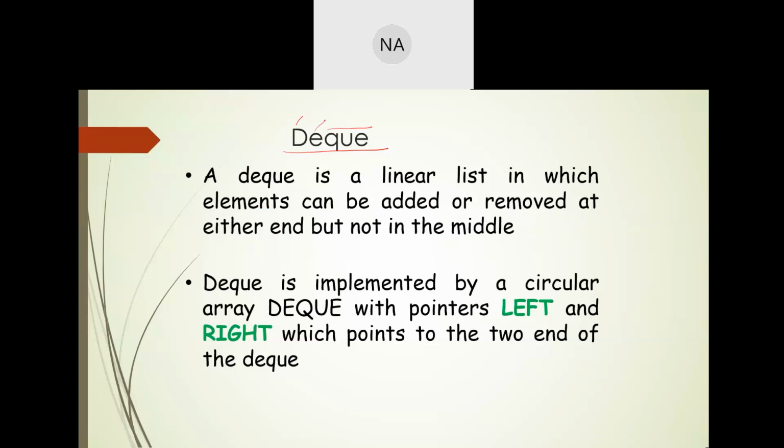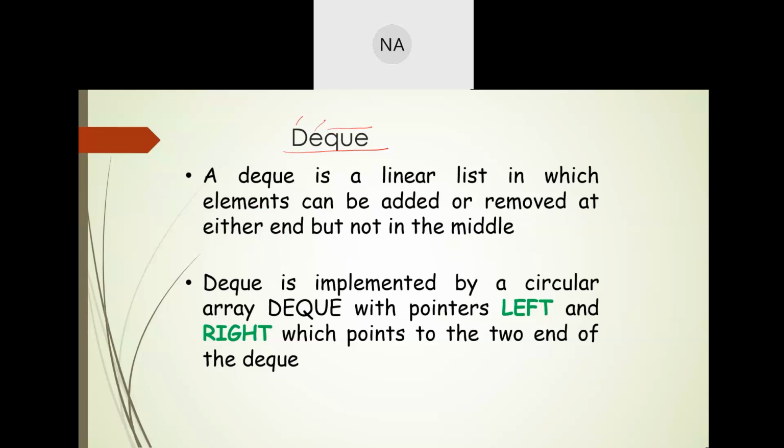In the normal queue, insertion can be performed only at one end, which is called the rear end, and deletion can be performed only at the other end, which is called the front end. In the double-ended queue deck, insertion and deletion can be performed at both ends.